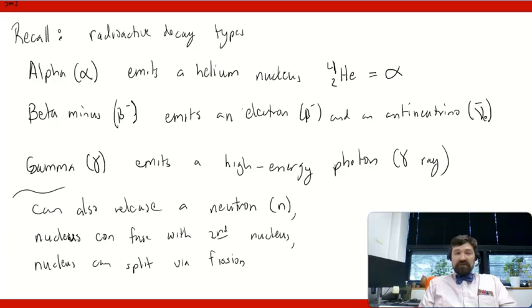Today, again focusing predominantly on the 3 that we've discussed, I wanted to talk about radioactivity a little bit more, basically by looking at things like decay rates and how active is a decay, that kind of thing.